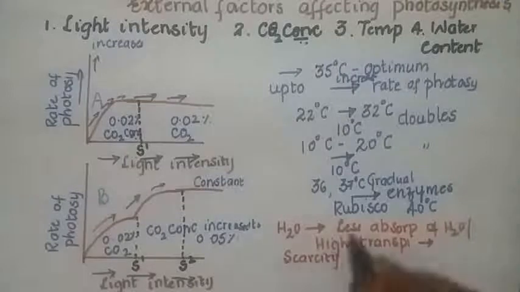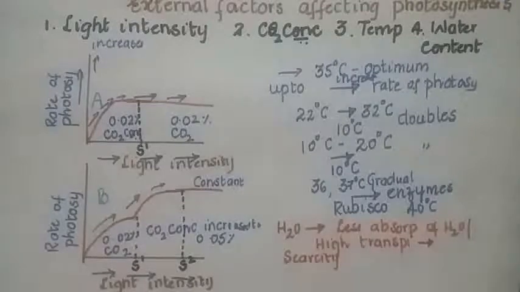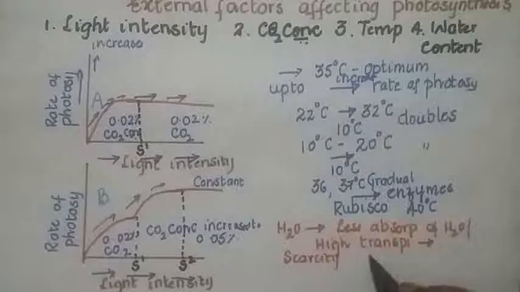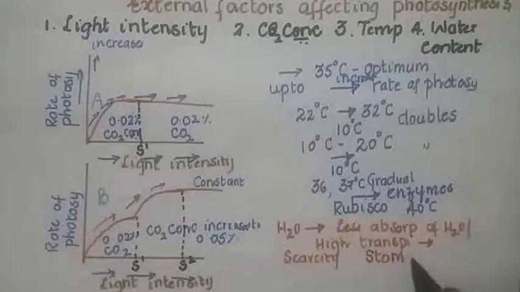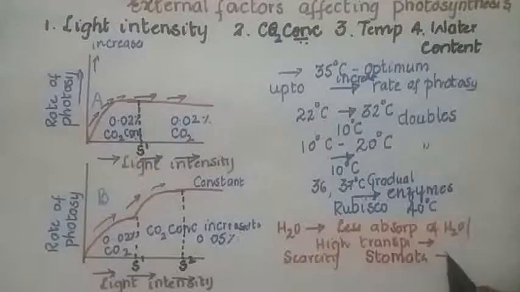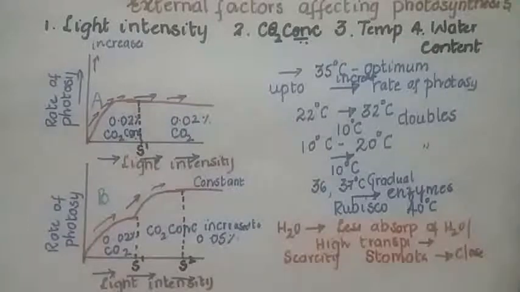When there is a scarcity of water in the plants, the stomata are immediately closed. When the stomata are closed, there is no inward diffusion of carbon dioxide, and thereby photosynthesis reduces.